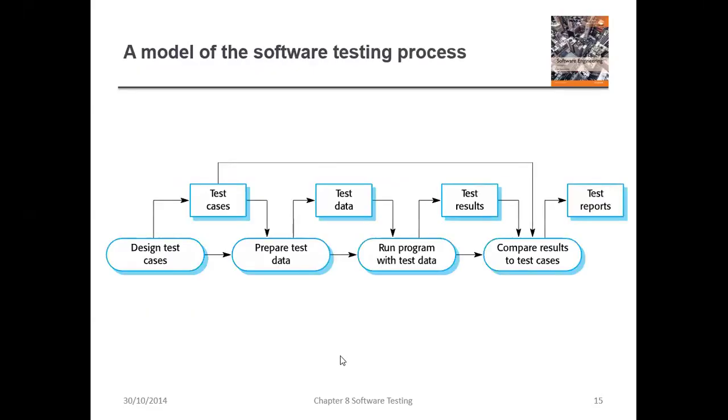So how do we test? To test, you have to follow a plan or a model. So the model of the software testing process. First, you need to design the test cases. The test cases will be the various scenarios that you want to look at in terms of testing.